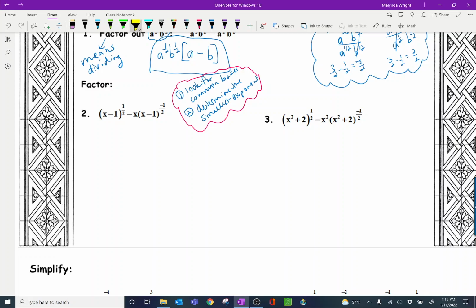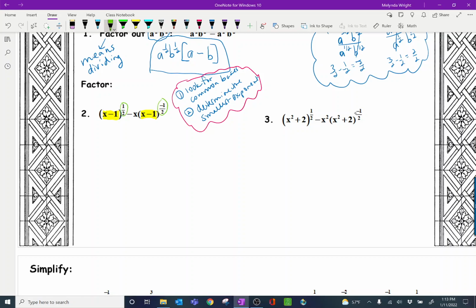So as we look at this problem, we see that these bases are the same: x minus 1, x minus 1. So that's what we're going to factor out. We don't have any match for just a plain old x, so it has to just stay there. So we need to look then at the exponents. We've got a positive 1/2 here and a negative 1/2 here.